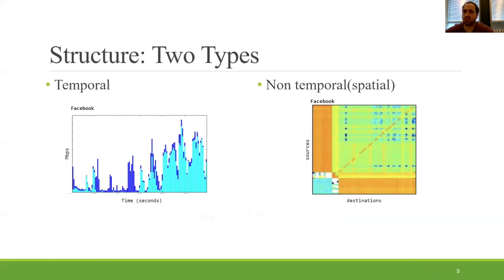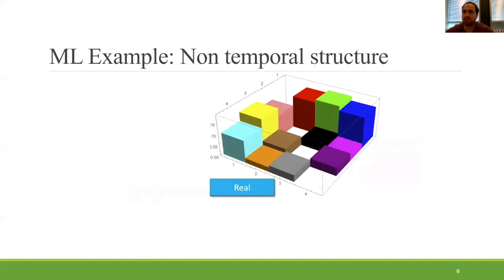The two types of structure that we explore in this paper are called temporal and non-temporal structure. Temporal structure is represented by the order of events, and non-temporal structure is more represented by the frequency of events.